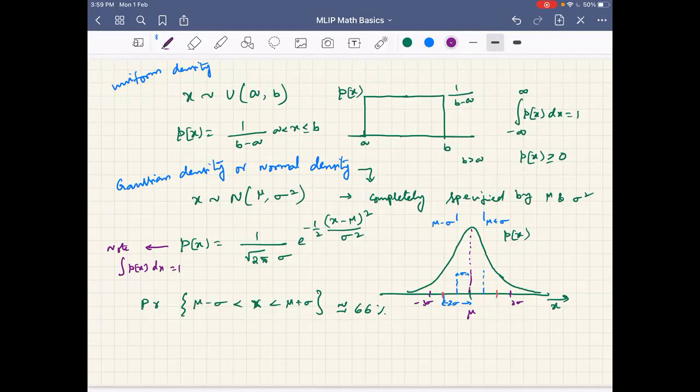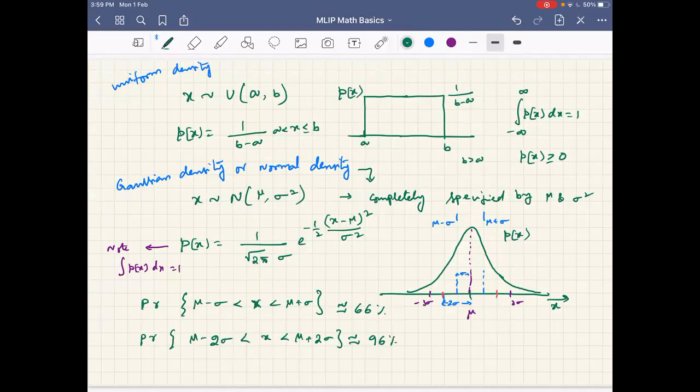Now if you consider the probability that x takes values from mu minus 2 sigma to mu plus 2 sigma, it is close to 96% or 97%.